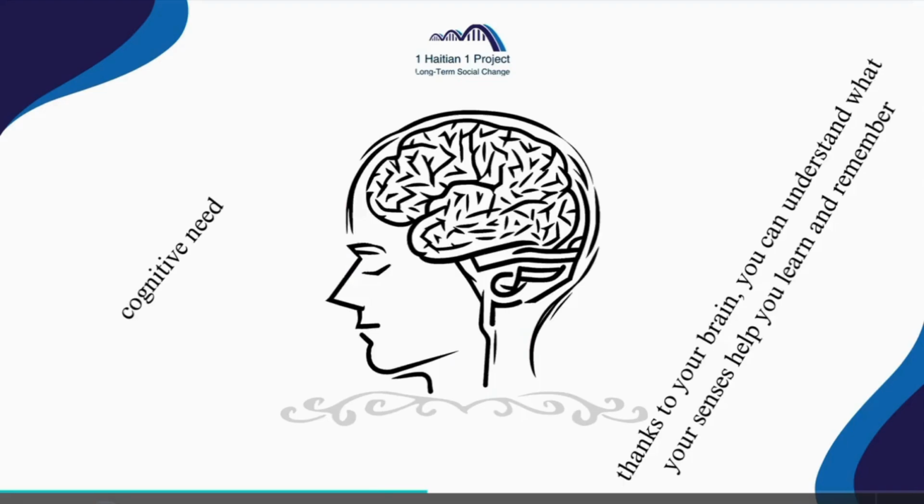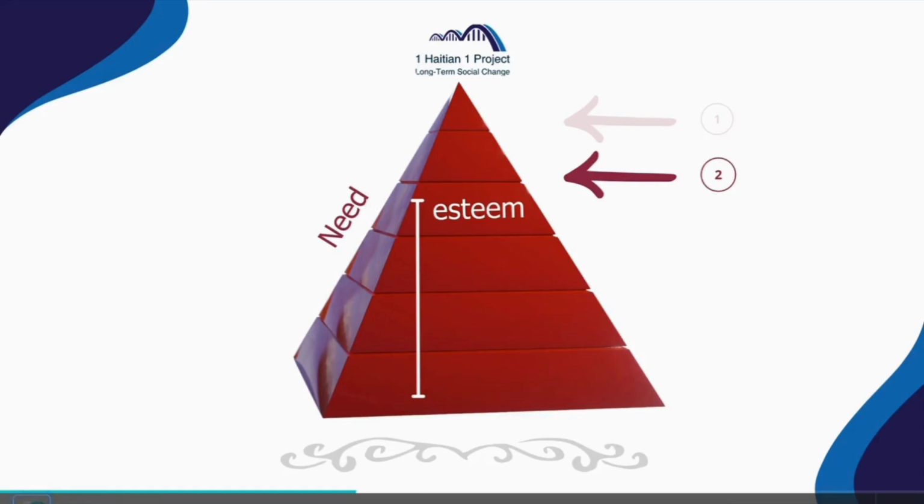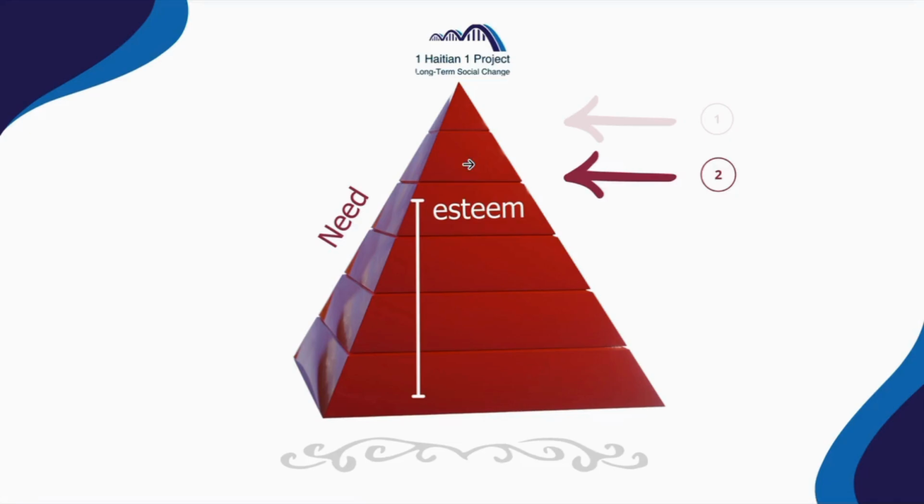Whereas the 5th level is not about lack, it's still a need, but it's about self-realization. It's about making sure that we feel better, we feel complete, we feel happy.